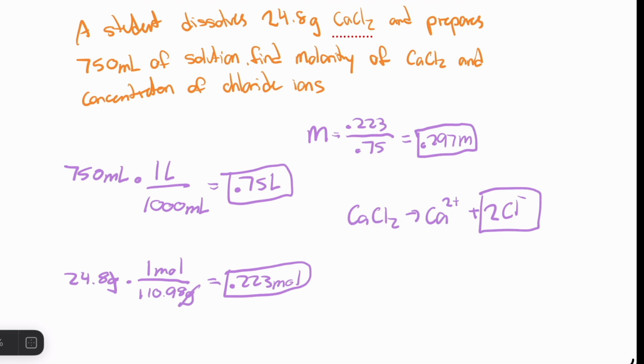The concentration, molarity is the same as concentration, and the concentration of our Cl is double that of the CaCl2. So our 0.297 molar concentration is doubled to give us a Cl minus concentration of 0.594.